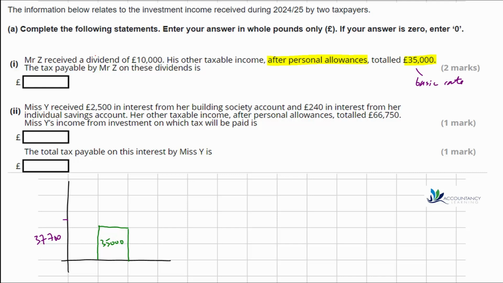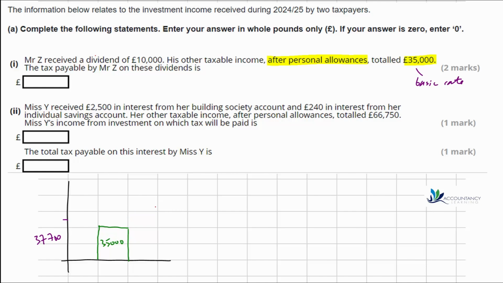If there were any savings income, we would recognise the savings income on top of that. Remember, we're stacking all these different types of income, but there is no savings income in this case, so we don't have to worry about that. If there were, we'd see what impact it had where it met the various bands. Then we'd have our dividend income, which we would stack on top to work out what bands that affected.